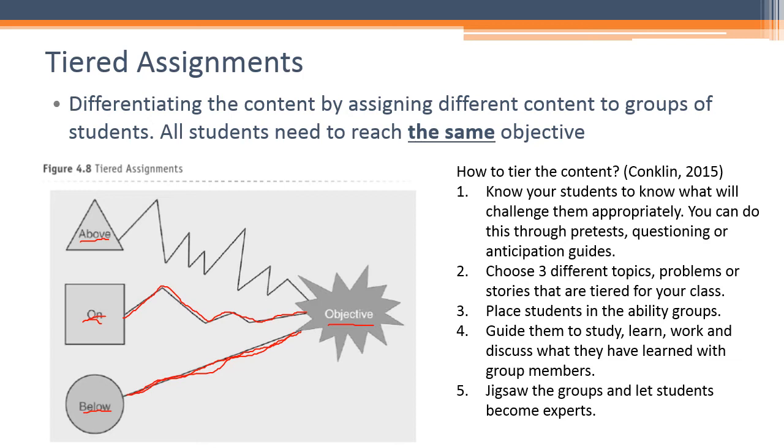Next, place students in the ability groups. Ayun na, may ability groups na, i-grouping mo sila according to their ability groups. Now, guide them to study, learn, work, and discuss what they have learned with group members. So, di ba, you gave the content of the lesson. Okay, here's the material. You need to read it. You need to analyze it. Okay, but they will not do it alone.